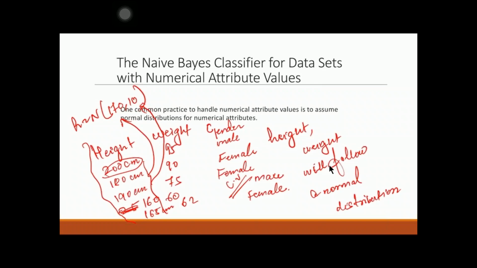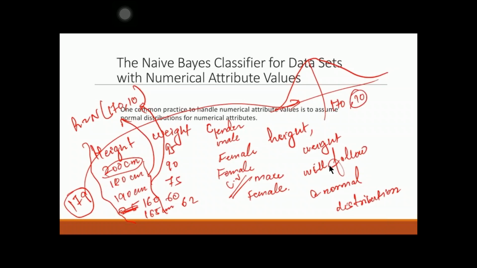So if I have a normal distribution with the mean, and now a new number comes up, let's say 179, can I calculate the probability of 179 from a normal distribution where the mean and standard deviation are given? Remember our first class, the Z values, where we were talking about the marks of the student.